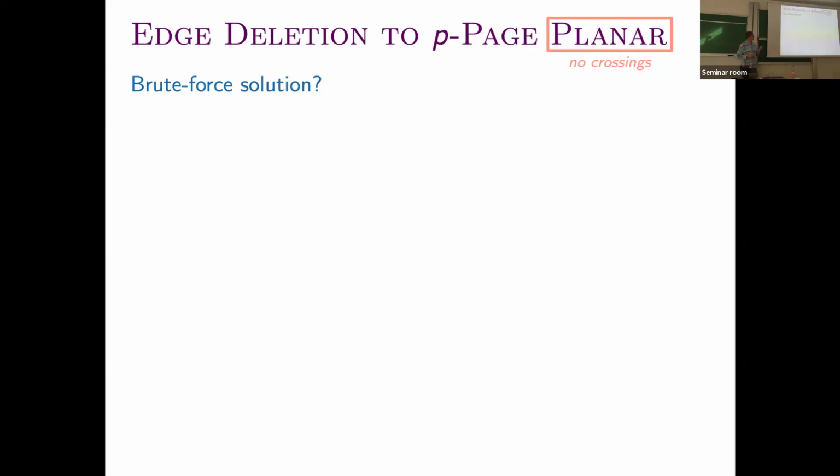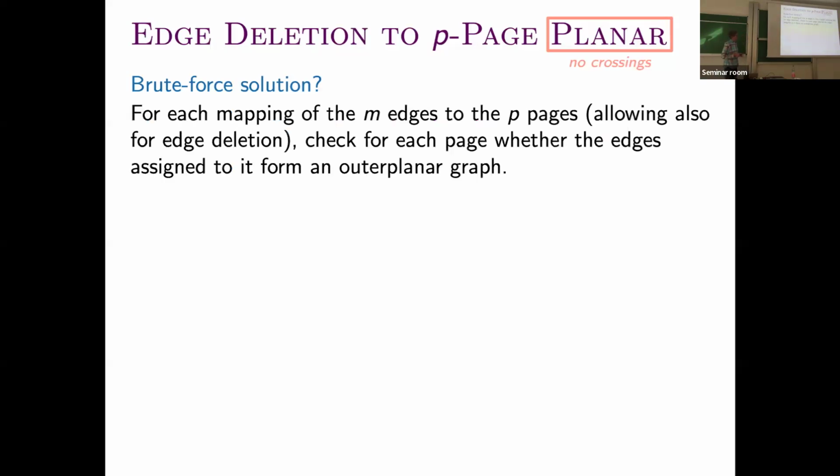So for each edge, you have p+1 possibilities: pages 1 to p, plus the possibility of deleting the edge. And so this gives you, let's check, for each edge.